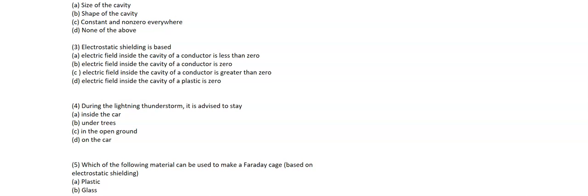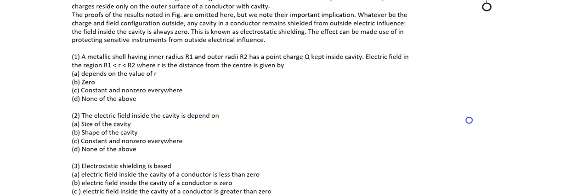Electrostatic shielding is based on: A, electric field inside the cavity of a conductor is less than 0; B, electric field inside the cavity of a conductor is 0; C, electric field inside the cavity of a conductor is greater than 0; D, electric field inside the cavity of a plastic is 0. So from the above paragraph, we can see that whatever be the charge and the field configuration outside, any cavity in a conductor remains shielded from the outside electrical influence.